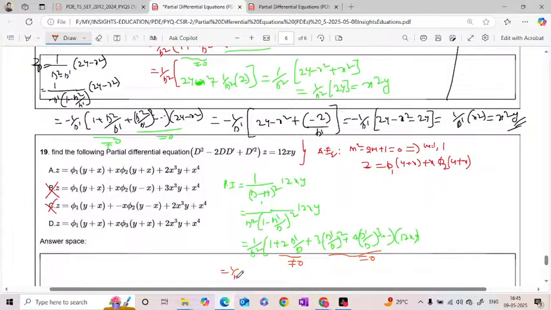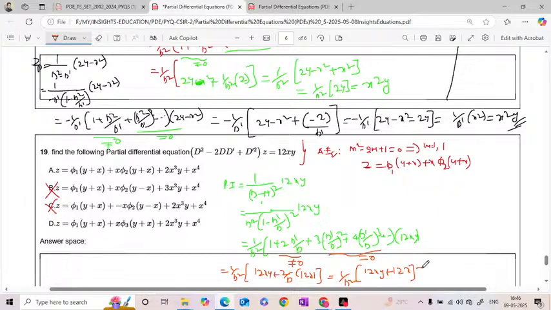So 1 by d square of 12xy, plus 2 by d dash, that means differentiate, it is 12x. So 1 by d square of 12xy, integrate with respect to x twice. Once, we will get x square by 2, already there is a 2, it is 12x.